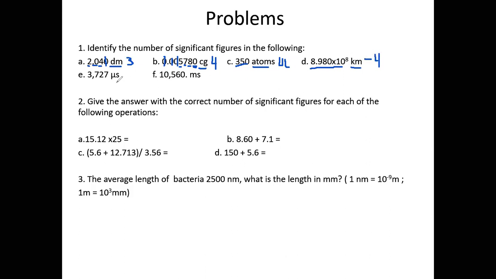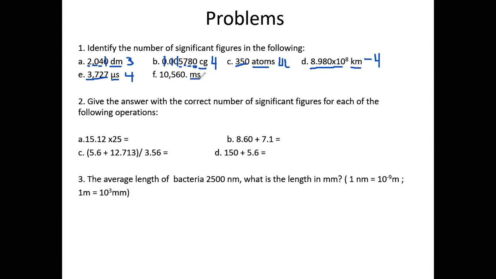Next, we have microseconds. So microseconds, seconds is a measured quantity. And so since these are all non-zero numbers, this has 4 significant figures. And then lastly, we have 10,560 milliseconds.